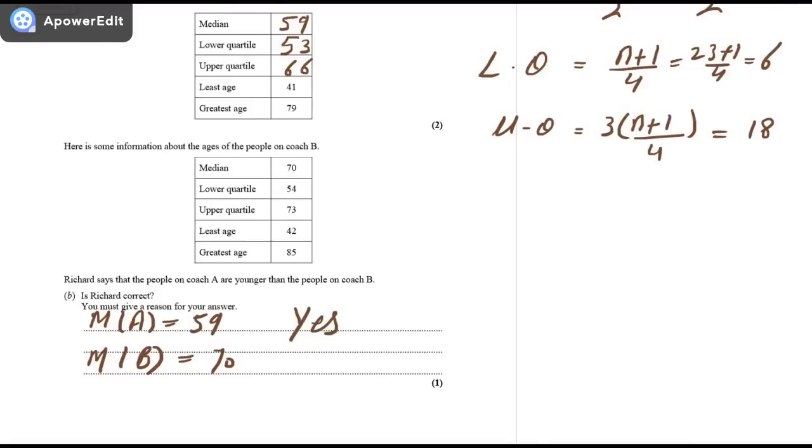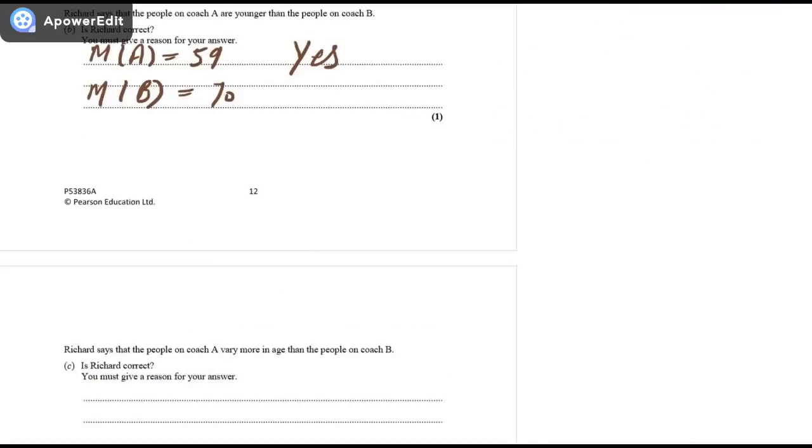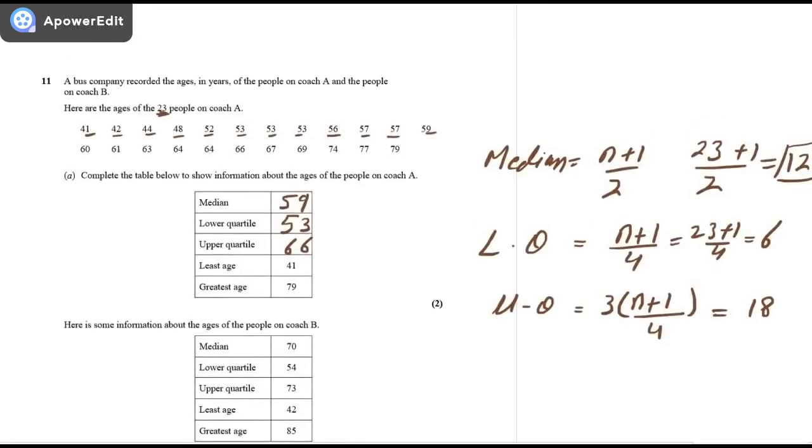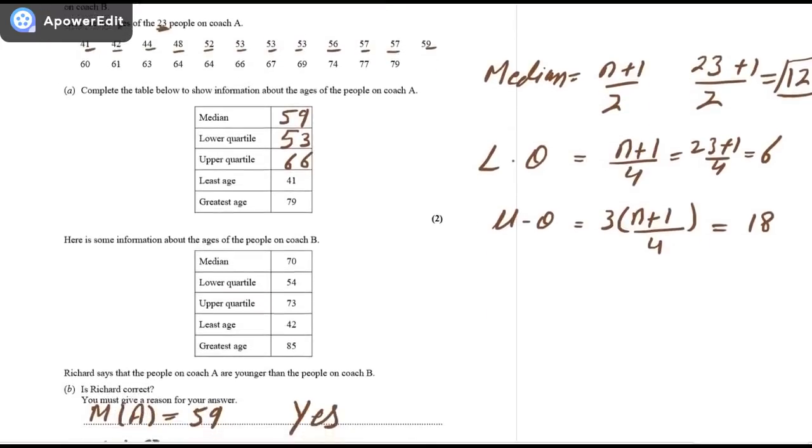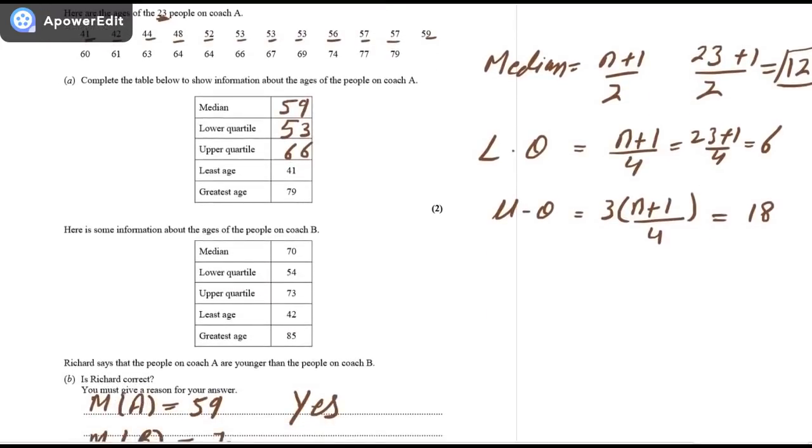That's it. Okay, in part C, Richard says that the people on coach A vary more in age than the people on coach B. Is Richard correct? To find the answer, we're going to use the table and find the interquartile range for both.